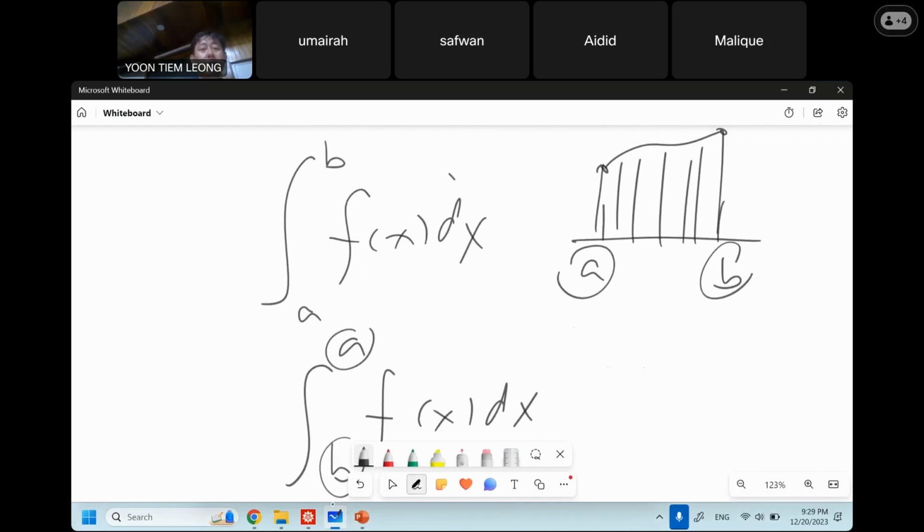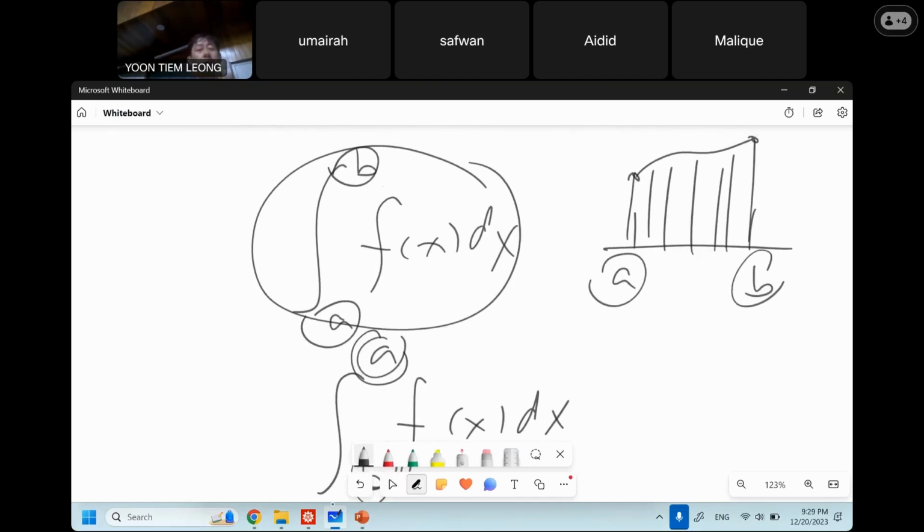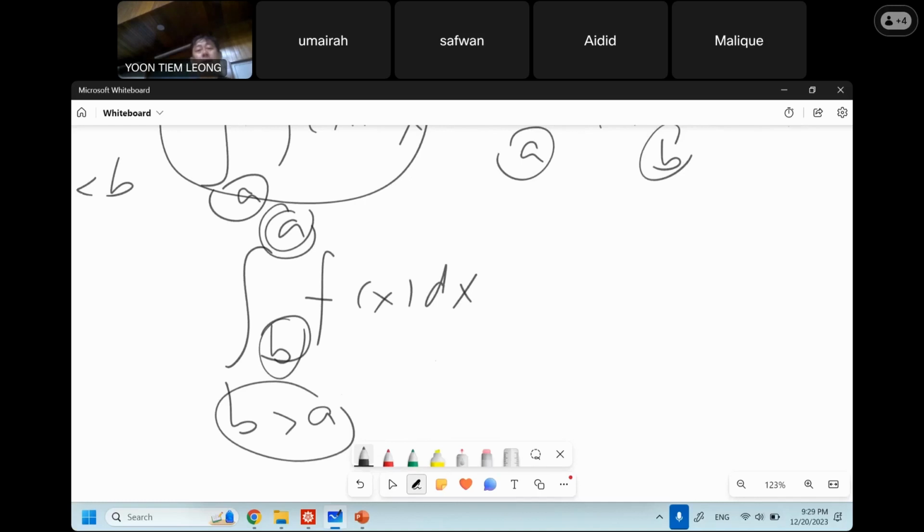So when I write down this statement to define the partition, the lower limit is sitting on the left of the upper limit. What happens if you reverse the lower limit and upper limit of A and B, where B is still larger than A? Okay, so here A is smaller than B, and this is the case where the limits are reversed.